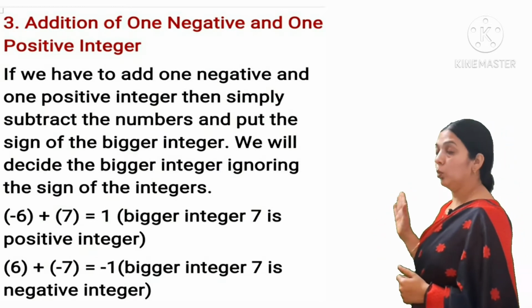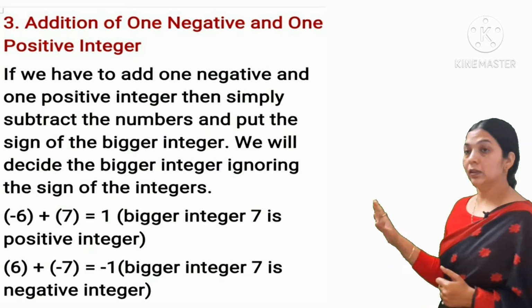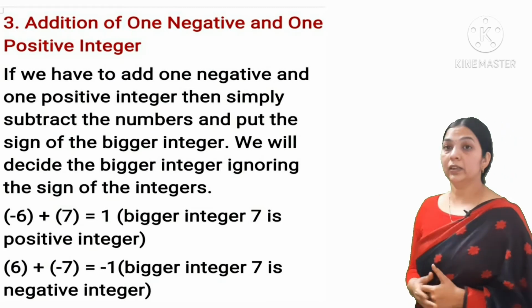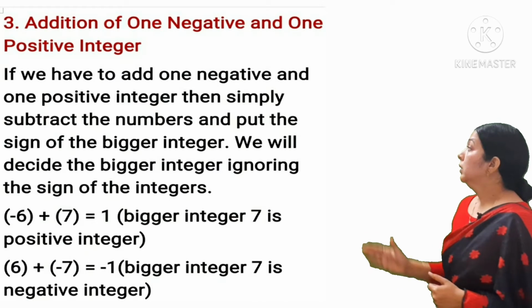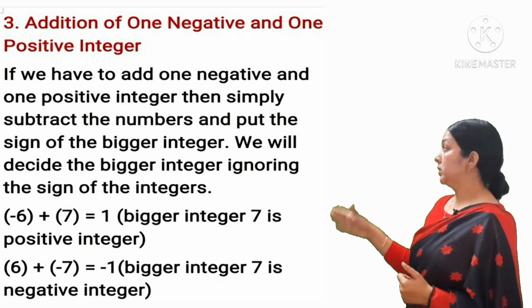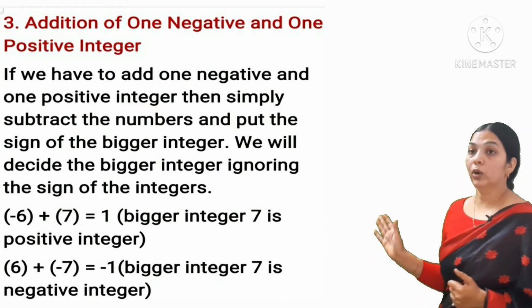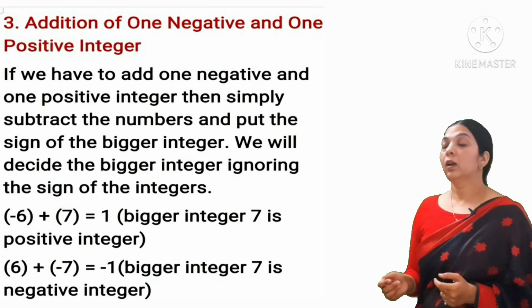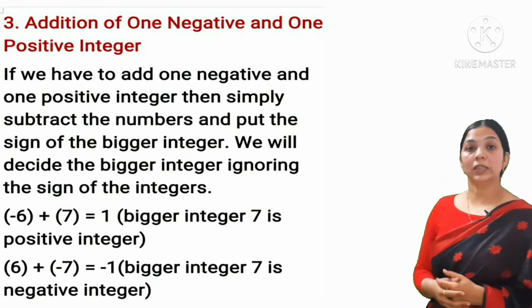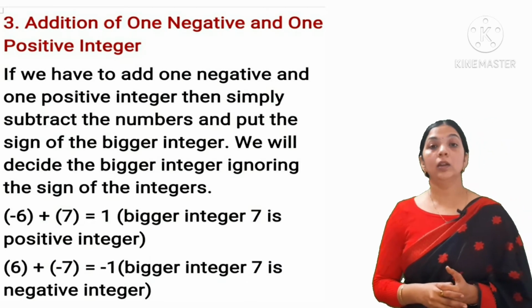The result is 1. So when the negative number is smaller, the answer will be positive. Suppose we have to add 6 and minus 7. Then what will we do? We will subtract the same 6 from 7, but the sign would be minus because 7 is the greater number and has the negative sign.